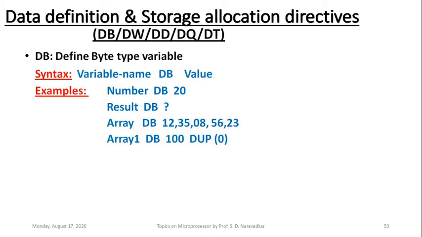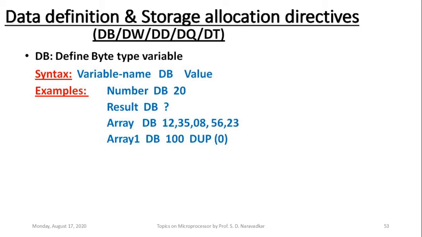Then the second, result DB question mark. The variable name is result. A byte is to be reserved for that variable, and a question mark means at this point of time we don't know its value. Maybe the value will be calculated and later on it will be placed here in the place of the question mark.